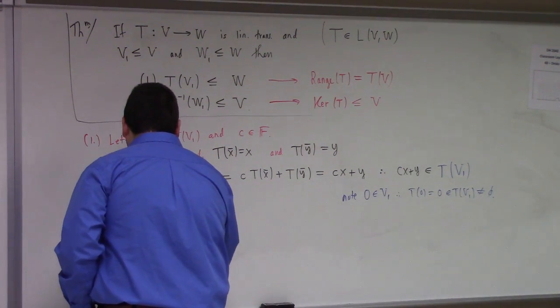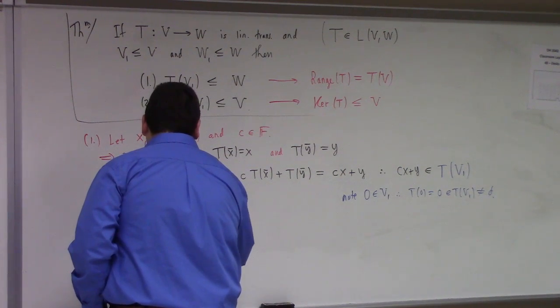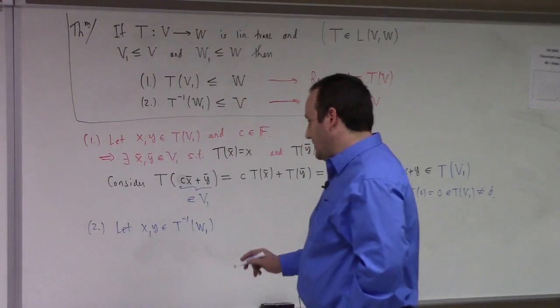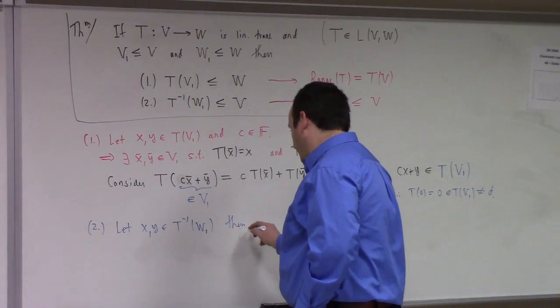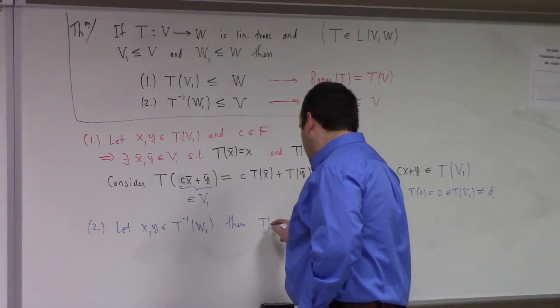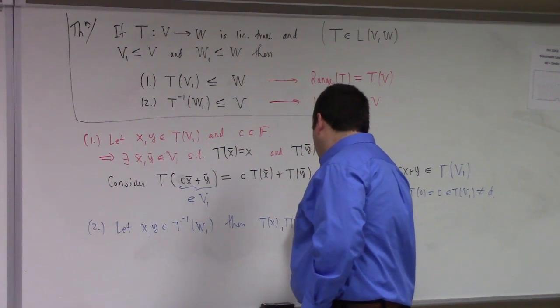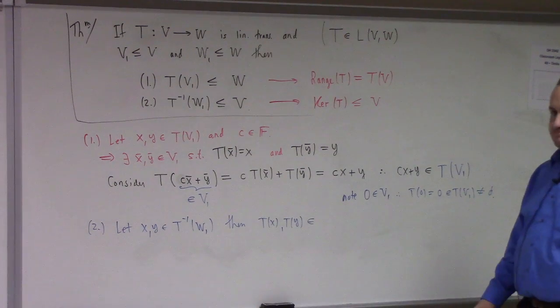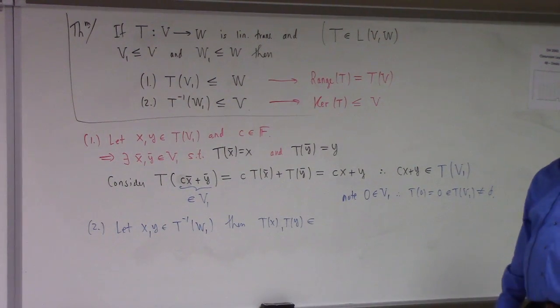So 2. Let x and y be elements of the inverse image of W1, right? What does that mean? Then what do we get to say? T of x and T of y are elements of what? By definition of inverse image, those are elements of?